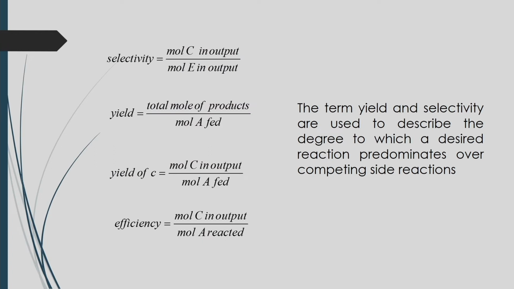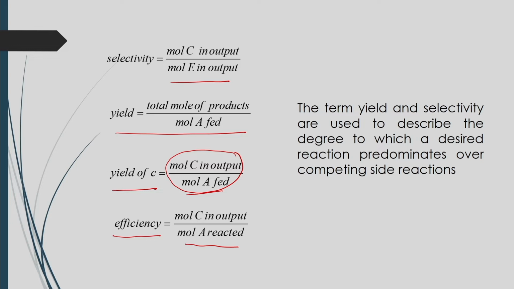You can decide which component is desirable or undesirable based on selectivity. Selectivity is defined as moles of C in output by moles of E in output as per that reaction, and yield is defined as total moles of products by total moles of A fed. The yield of C for a particular species is moles of C in output by moles of A fed, and the efficiency of the product output of C is equal to moles of C in output by moles of A reacted.